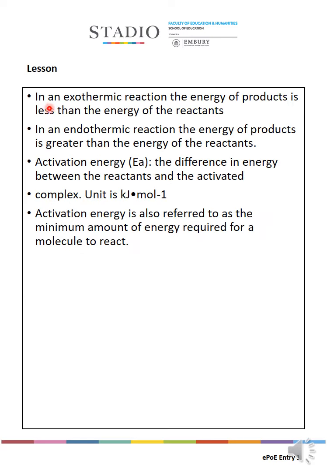So these terms will help you from the tutorials I just gave you, a lot of work to do. This work will help you there. And you must be able to explain exothermic reactions. In exothermic reactions, the energy of the product is less than the energy of the reactant. The activation energy is the difference in energy between the reactant and the activated complex. This one is our unit for activation energy.